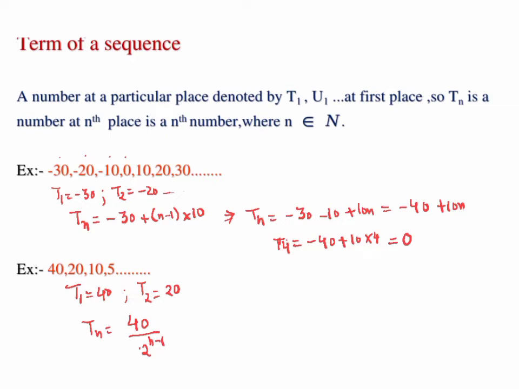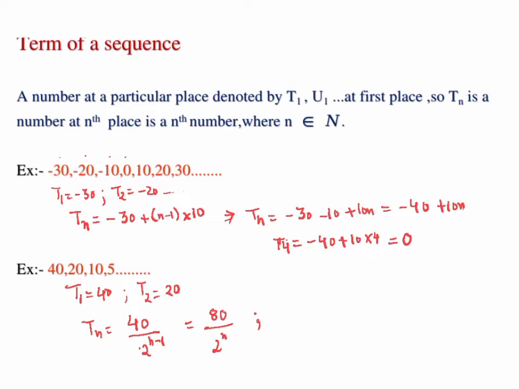If you simply write it down, you will get 80 divided by 2 to the power n. If you put n equals to 1 here, you will get 80 divided by 2, that is 40. If you put 2 here, you will get 80 divided by 4, that is 20. If you put 3 here, you will get 80 divided by 8, that is 10.